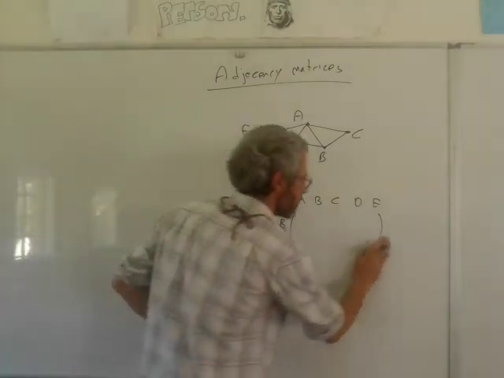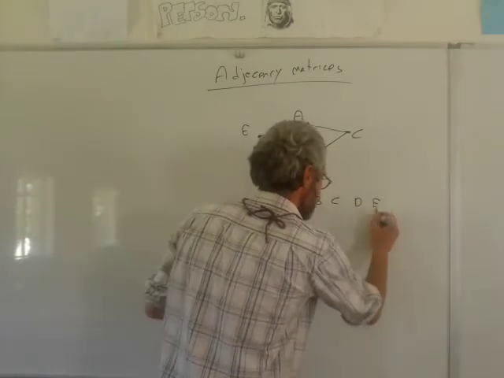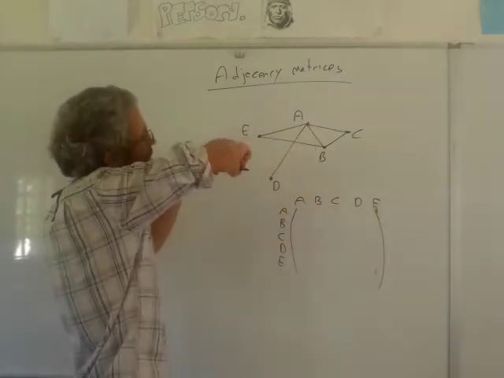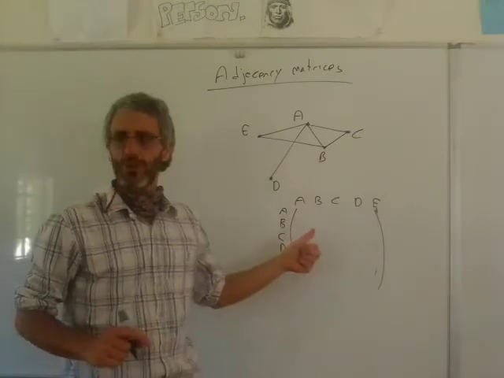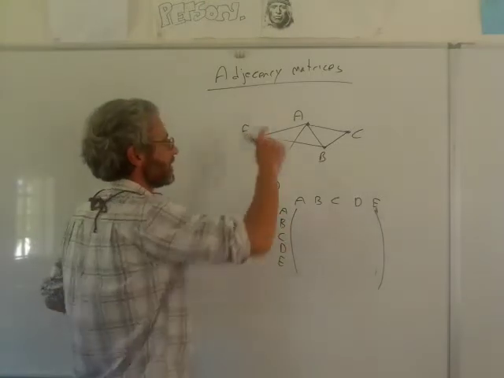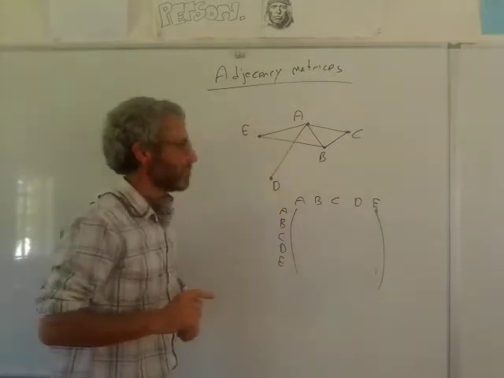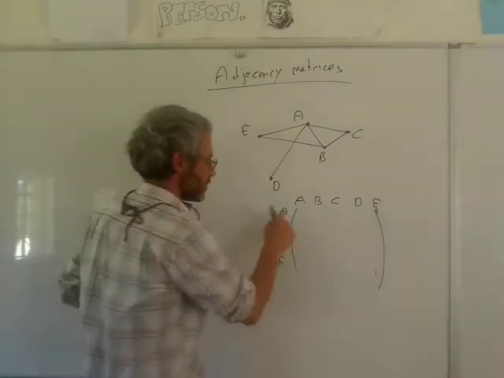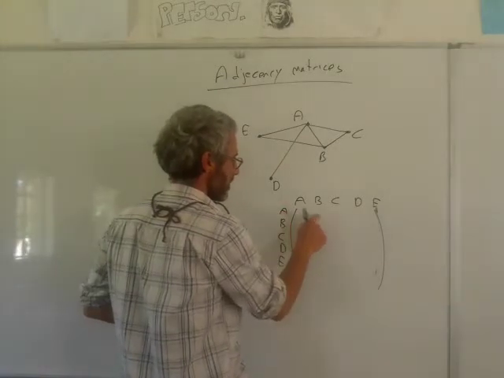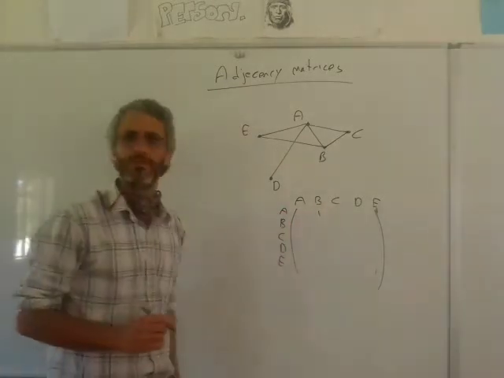And then all I'm going to do is realize that each edge can be an element in the matrix. What do I mean? So, is A connecting to B? Is there an edge between A and B? Yeah, there is. So when I put A and B, I'll put a 1.